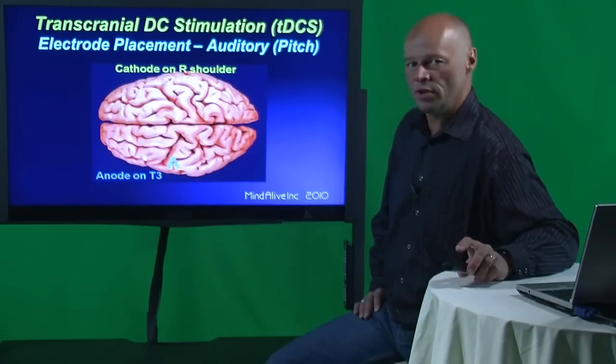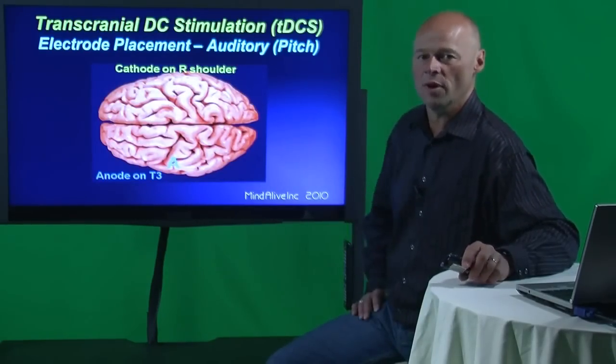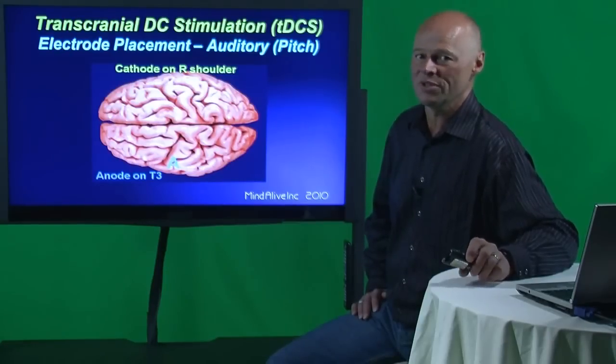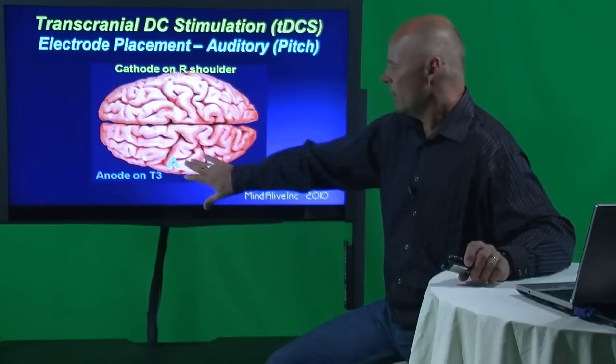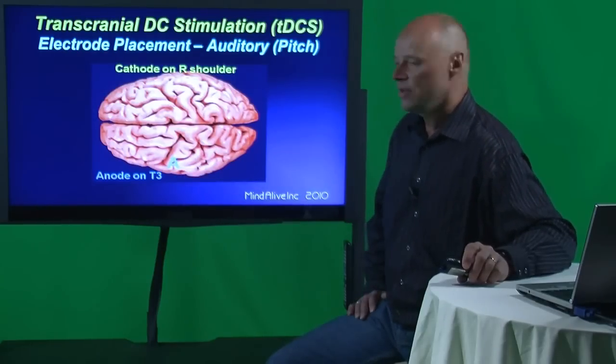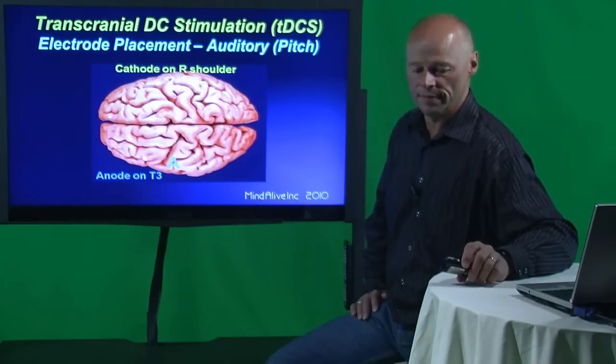In the case of boosting auditory perception, it was shown that, in this example perhaps if you want to sing better in the choir, maybe you're a musician, to enhance pitch discrimination of music, the anode was placed on T3 and the cathode was placed on the right shoulder.